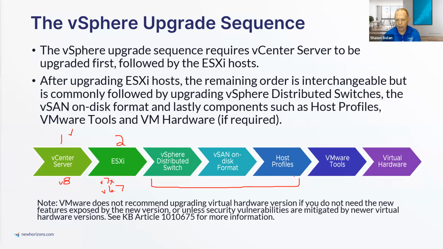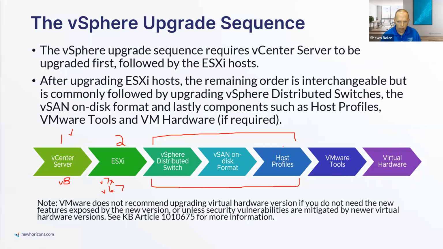Same thing with vSAN, host profiles, etc. These middle stages, where all of your hosts have been upgraded to V8, are the internal functions of vSphere. These can be done in any order. In other words, I don't have to bump up the distributed switch version before I do my host profiles. Those you can interchange in whatever order you want.